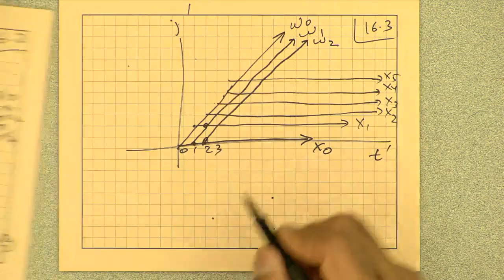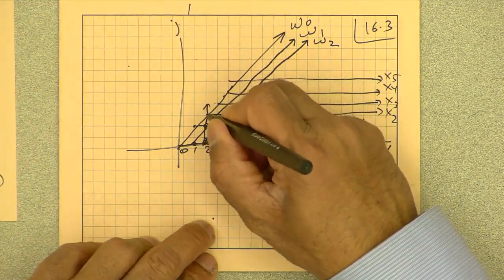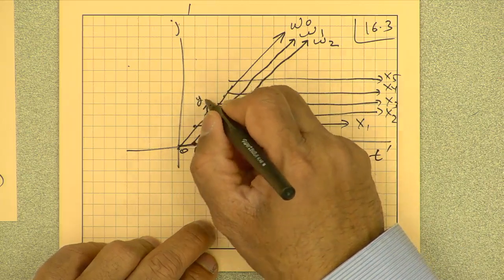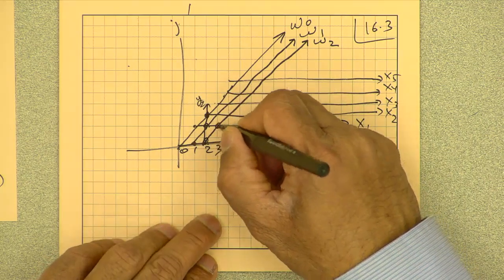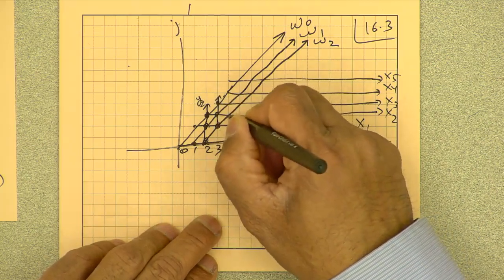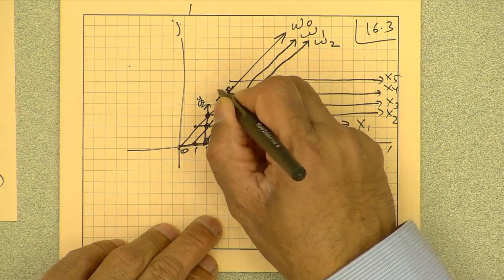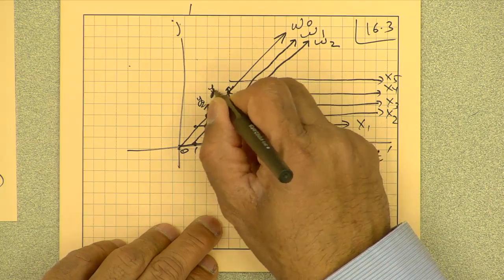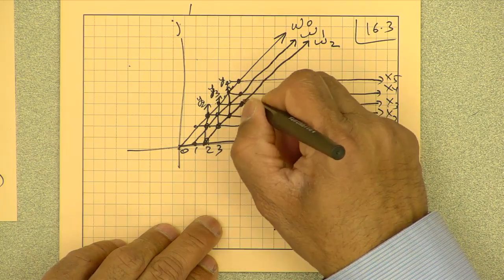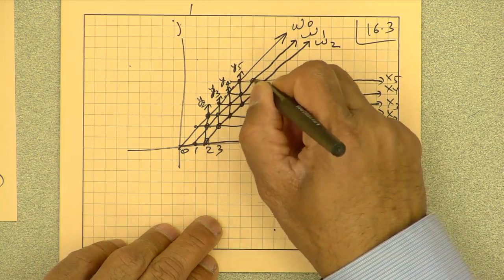So 2, 0, 2, 1, 2, 2. These three are y0, y1, y2. These three would be y3, these three would be y4, y5, y6.